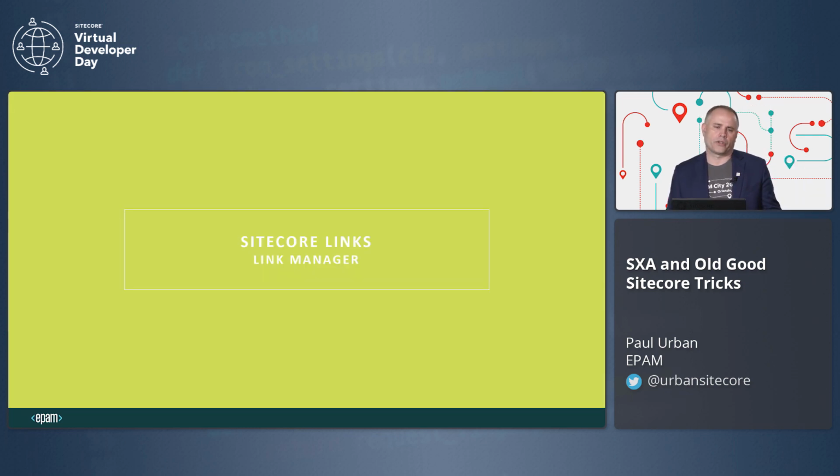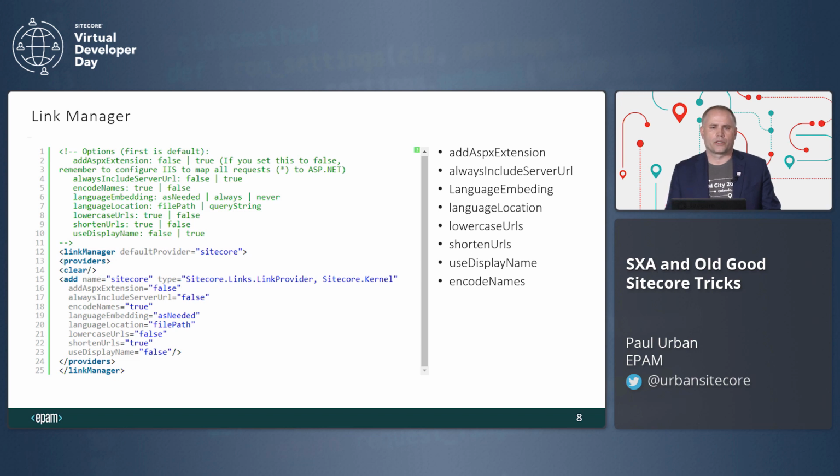Another part that gives control over the URL is the link manager configuration. If you look into your solution for the link manager out of the box, you have this piece of code that you can easily see in the shell config of your website with a few parameters like addAspxExtension, alwaysIncludeServerUrl, languageEmbedding, languageLocation, lowercaseUrls, shortenUrls, useDisplayName, and encodeNames.